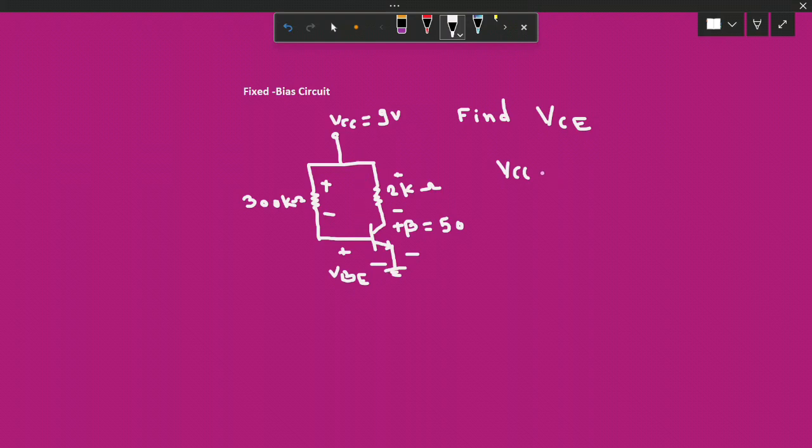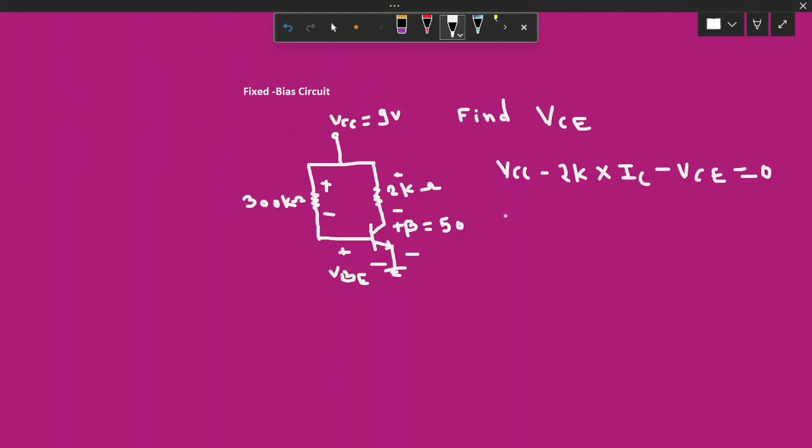So VCC, second terminal is negative, so 2K into IC, that is collector current, minus second terminal is negative, VCE, which is equal to 0.